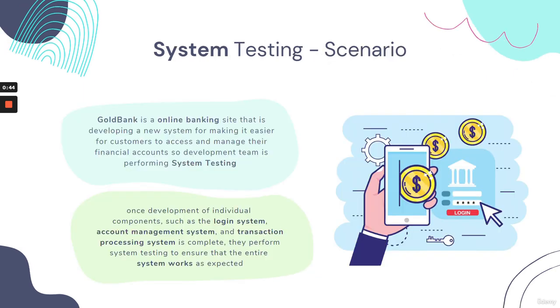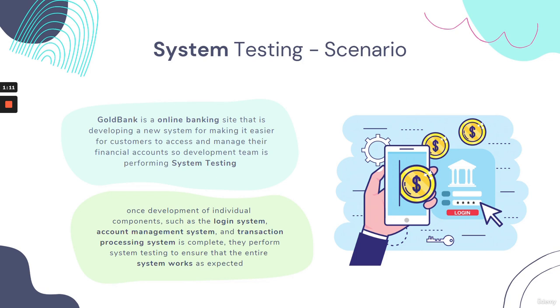Let's look at an example of system testing in a scenario where we're working with an online banking application. Gold Bank is a large provider that is developing a new system for making it easier for customers to access and manage their financial accounts. So the development team is performing or thinking of performing system testing.